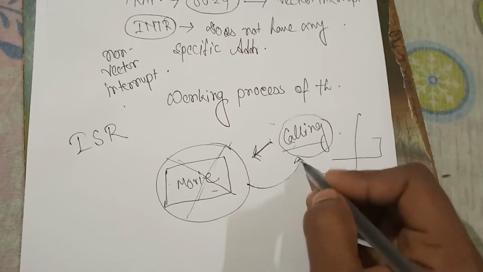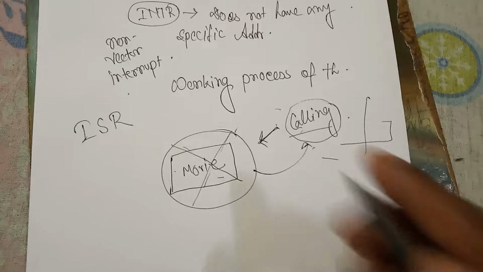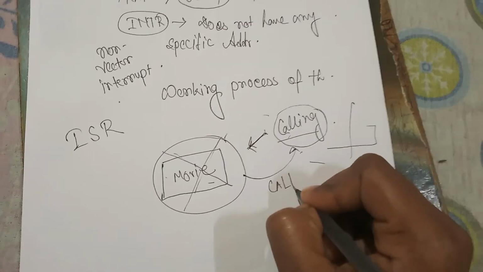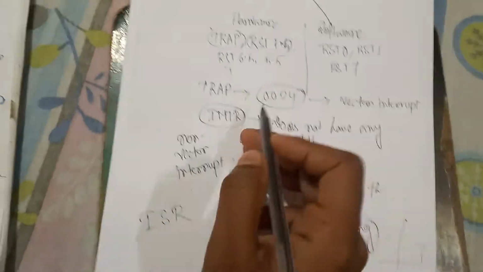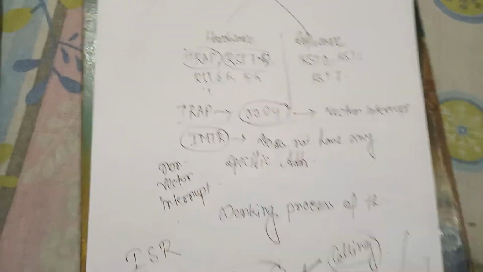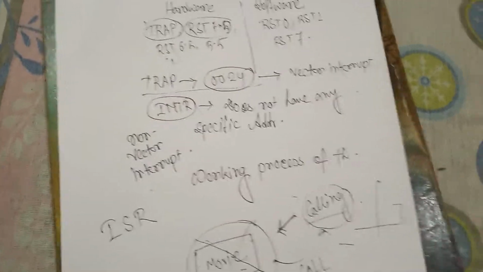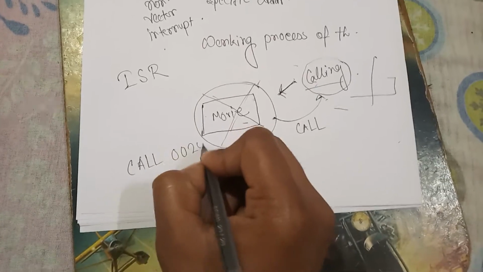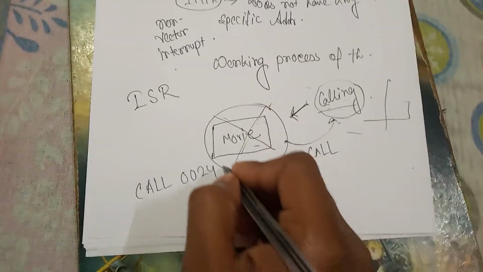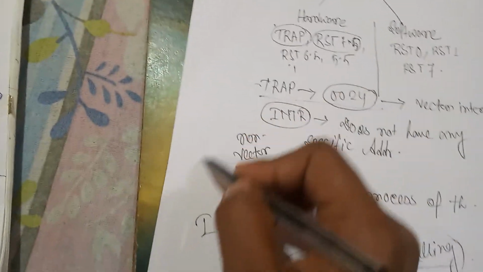To serve to its particular address, we need an instruction known as the call instruction. Like the vector address of TRAP is 0024, so to go to this TRAP interrupt, we have to write CALL 0024. If we write this instruction, then the TRAP will be called.